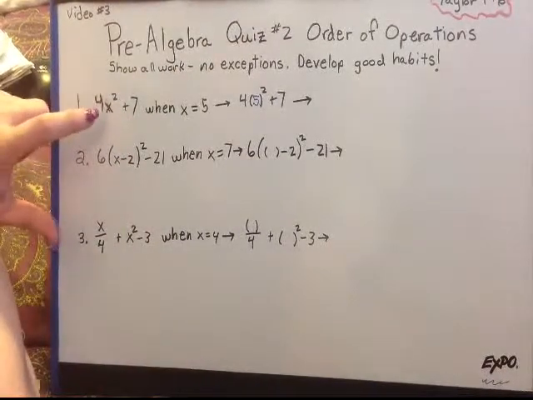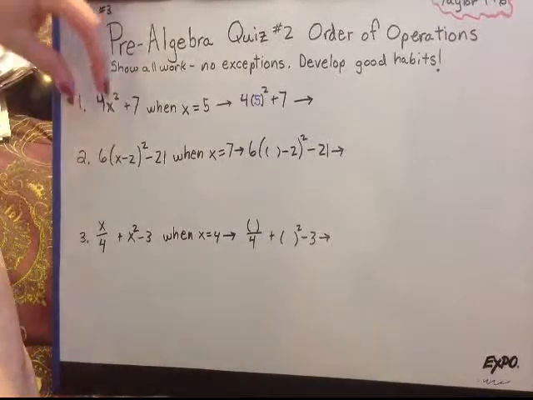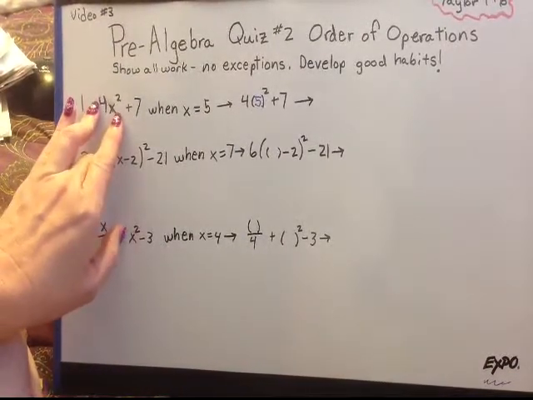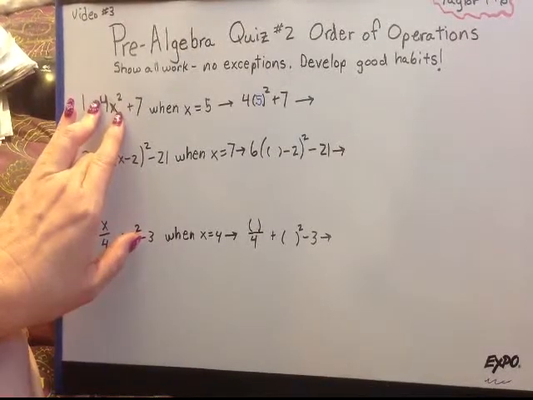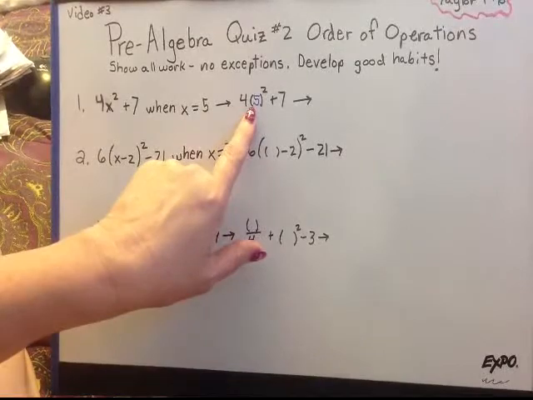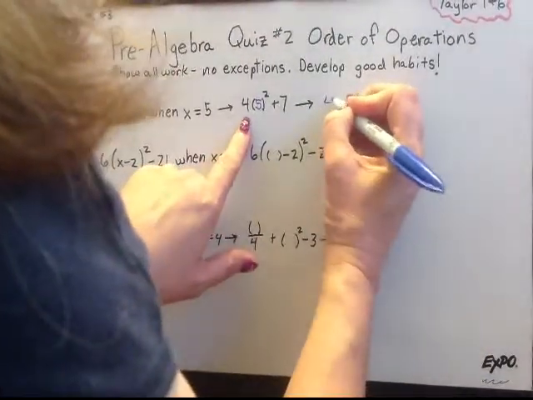When you look at the original question, it was x squared. If it had been 4x squared, there would have been parentheses around the 4 and the x, but there were not. So we're going to say 5 squared is 25, and 4 times 25 is 100.